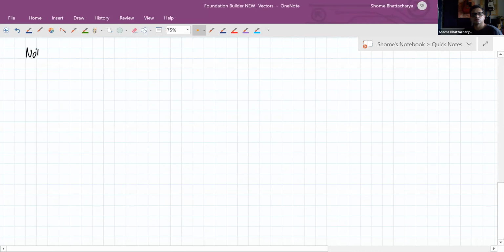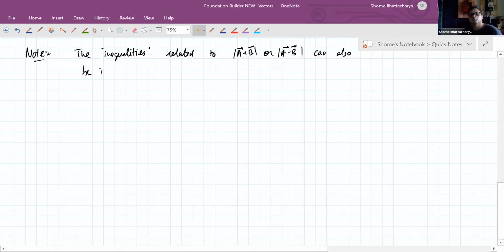Also, the inequalities related to the magnitude of the sum or the difference can also be interpreted from the parallelogram law, and that's very easy to understand.